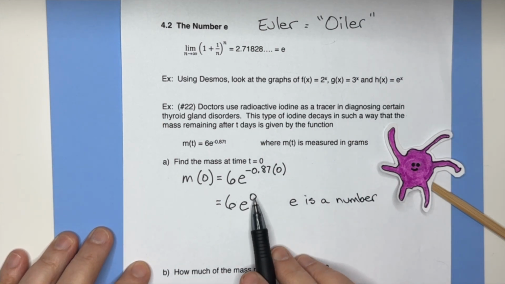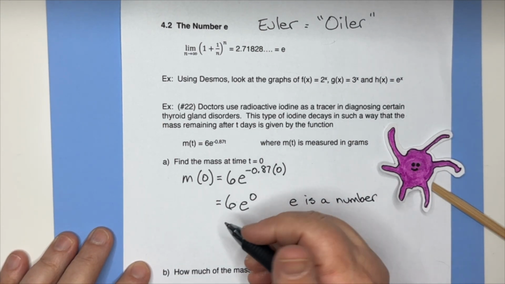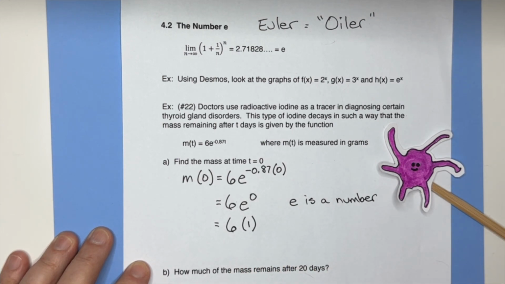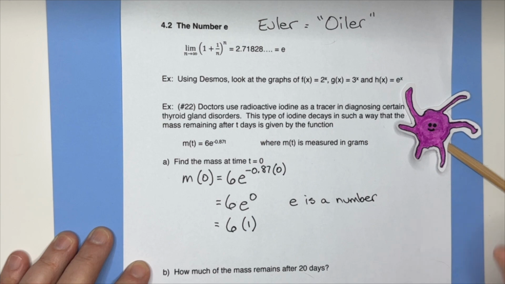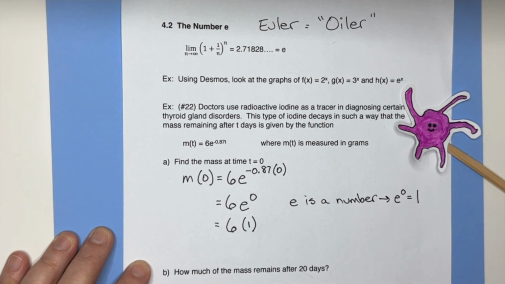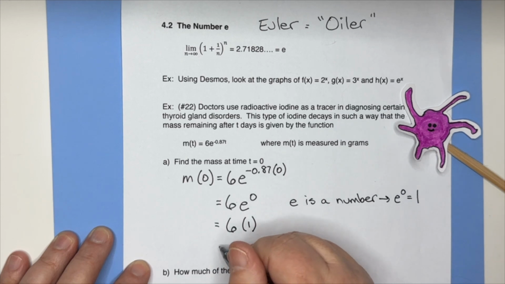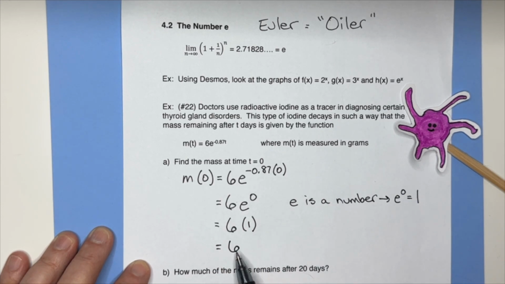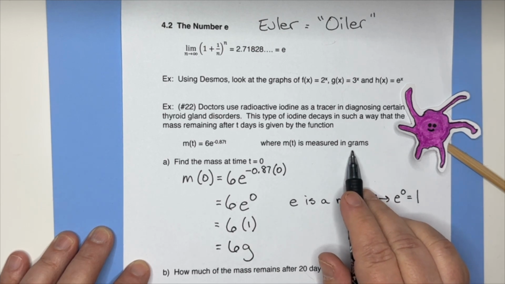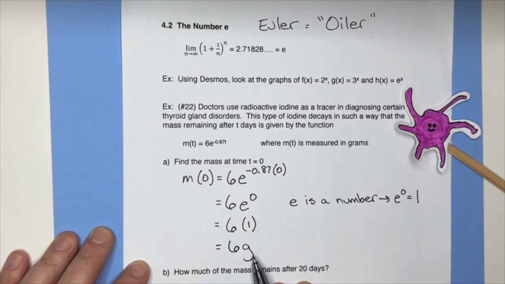If you take E raised to the 0th power, just like any other number other than 0, you're going to get 1. So E is a number, so E to the 0th equals 1. And then you get 6 times 1, which is just 6. So this is our initial mass. And we're told it's measured in grams, so I'm going to write 6g for grams.